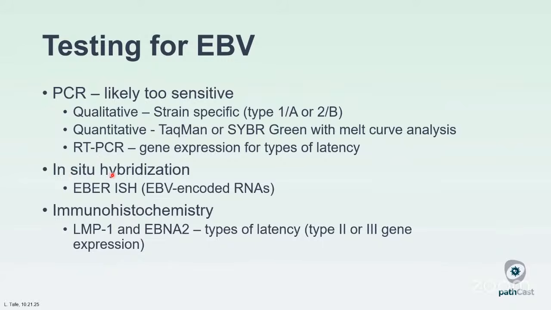In situ hybridization allows us to actually visualize the ISH probes within the tumor tissue itself. There's also a couple of IHCs we can utilize, but this is highly variable, as we just talked about, depending on the type of latency that the tissue is in.